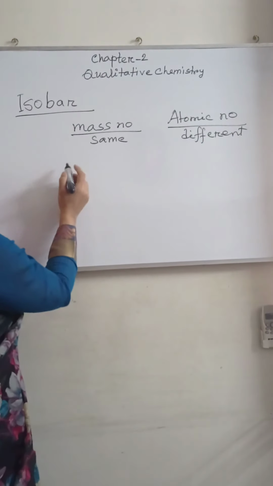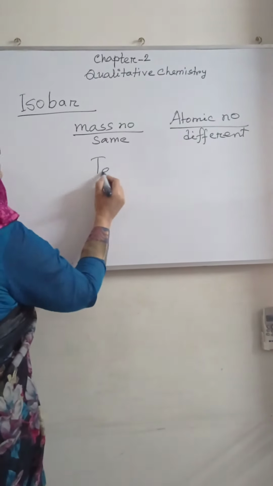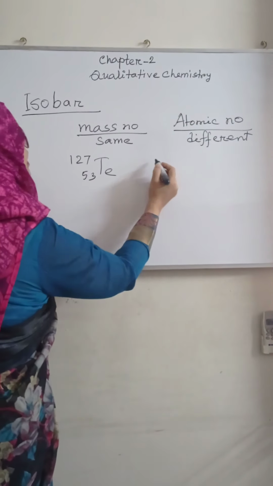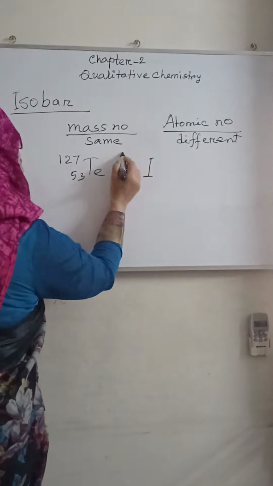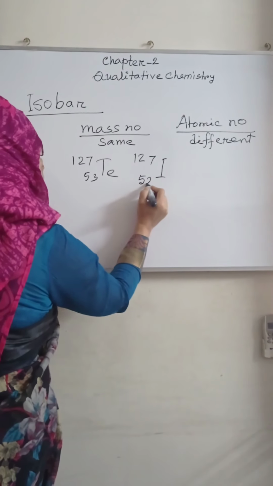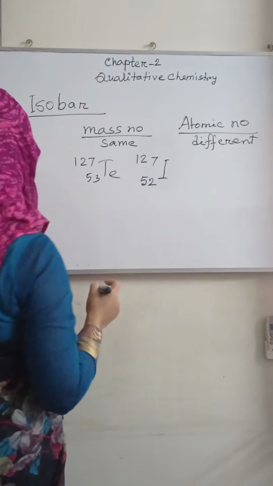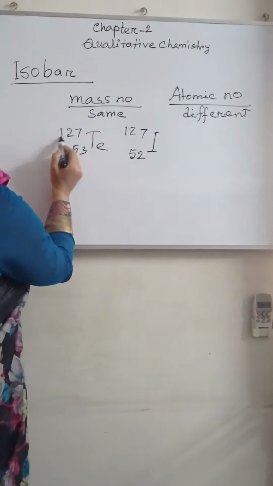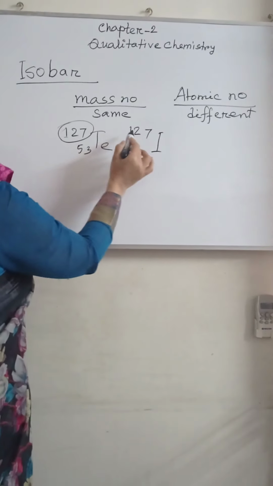For example, tellurium and iodine. These two are isobars of each other because look here, their mass number is the same.